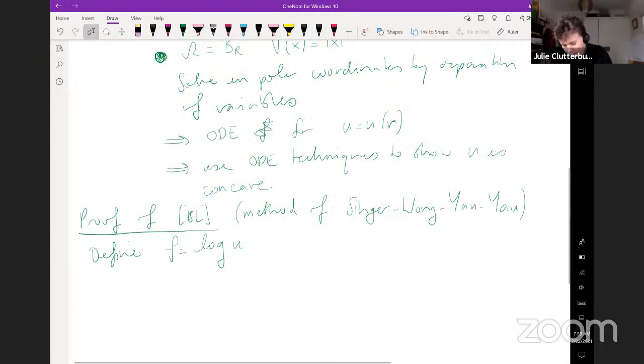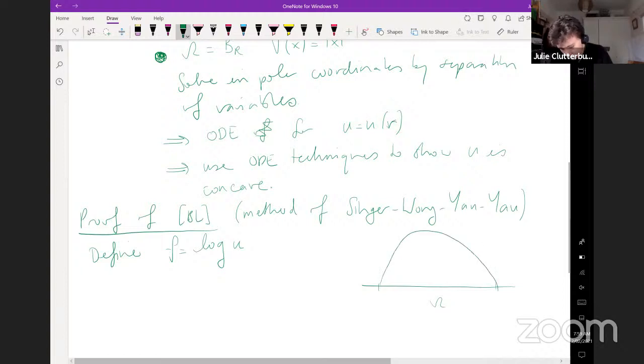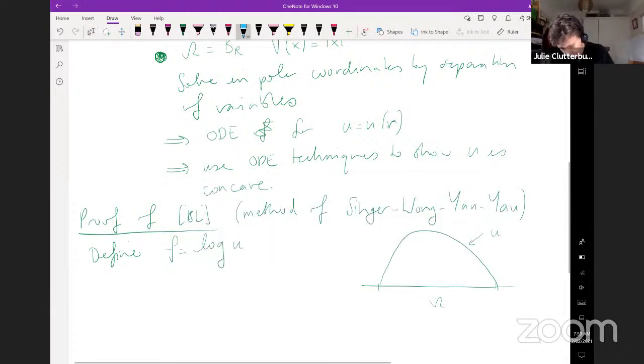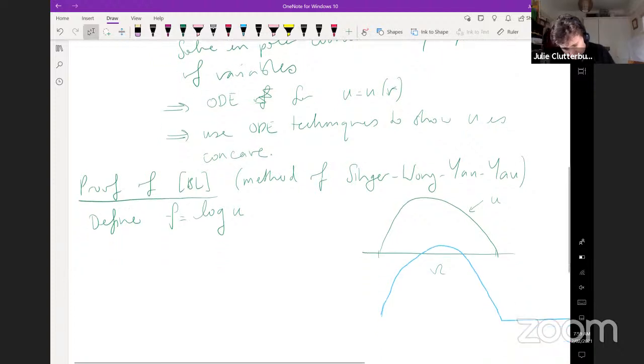But we should expect it to look like this: if we took a slice through our domain like this, and we have u looking like this, then f would look something like this.